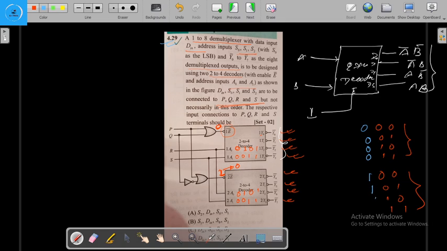When the enable bar is 0, we are going to get for 0 0 this one, Y0 bar, and then for 0 1 Y1 bar, and for 1 0 this is Y2 bar, and for 1 1 Y3 bar.